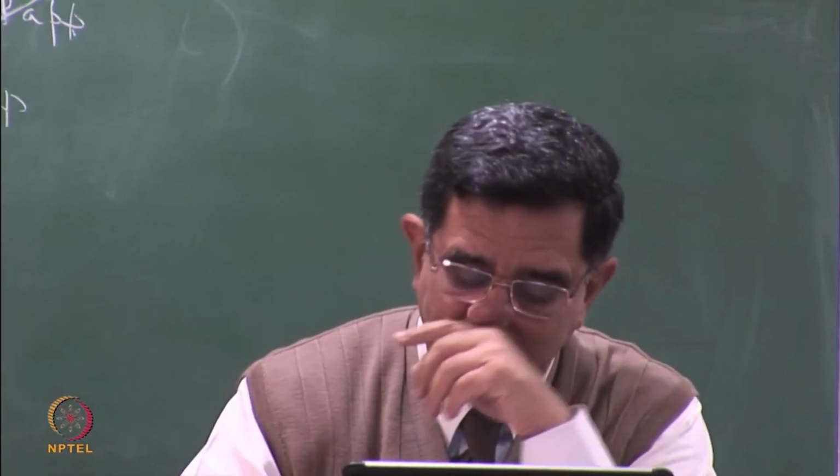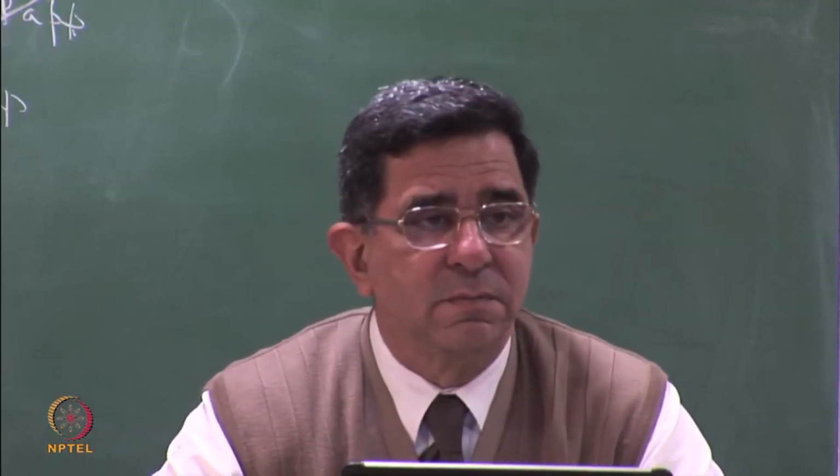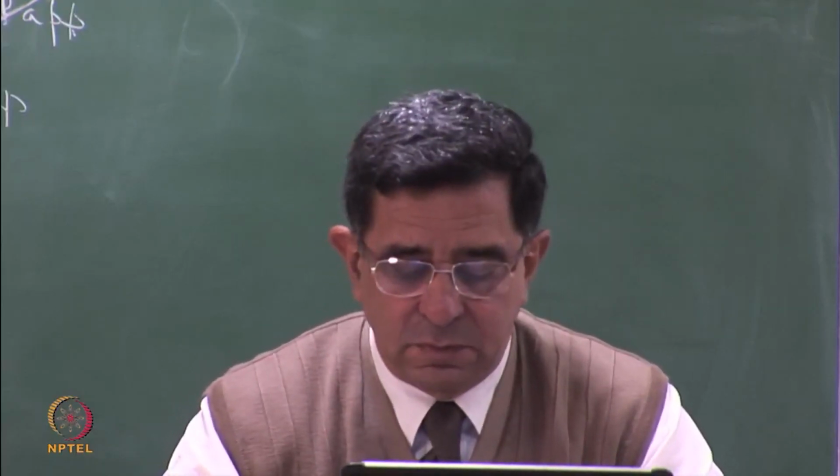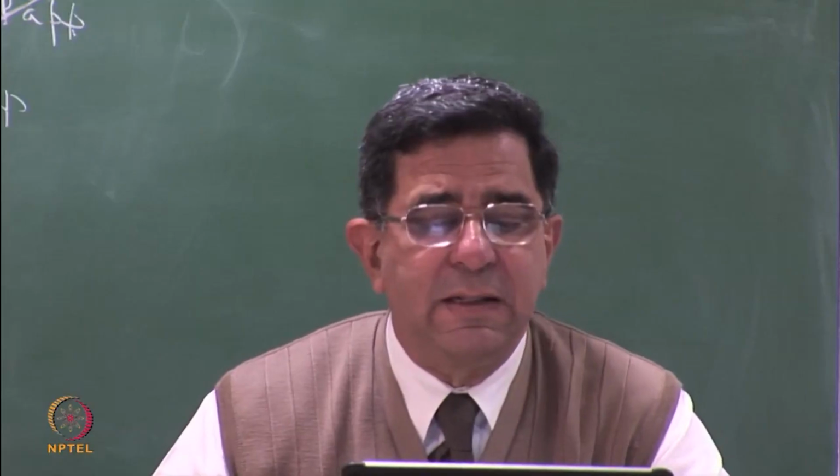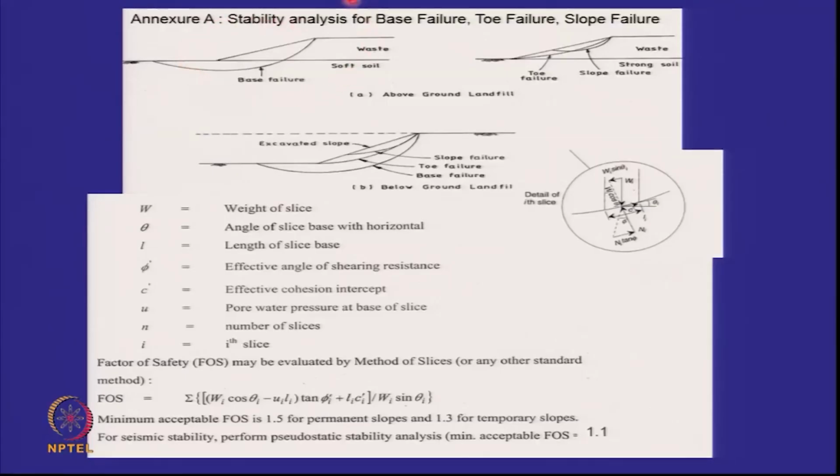Okay? Any questions? So you will use, for example, in this stability analysis, soil properties for the base and waste properties for the top. In this, the waste properties for the slope failure and the toe failure.